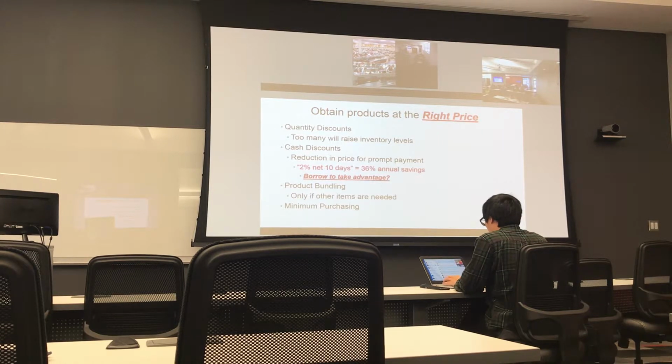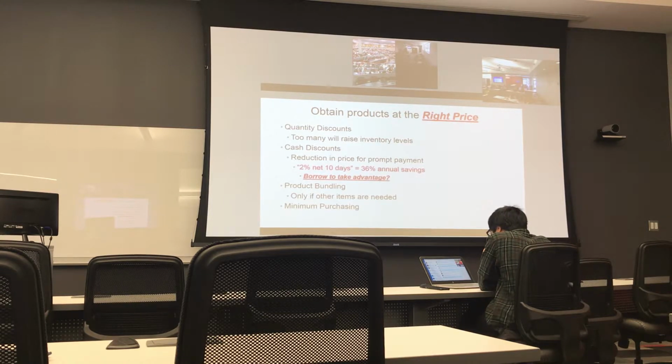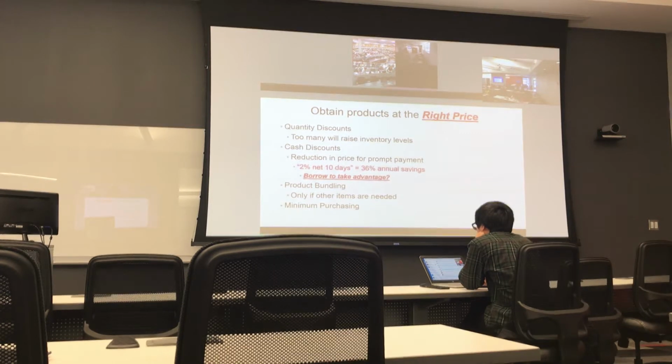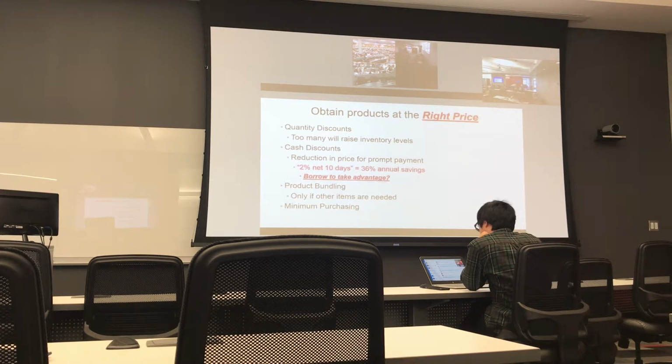From the vendor standpoint, they give you a reduction for paying on time. That's when we're talking about the cycle: you want to sell it and then bill it to the insurance company, get the money in so you can pay it to the vendor. Well, the vendor is doing the same thing, trying to run their company by buying inventory, selling the inventory to you, and then replacing it. So they offer price reductions, 2% net 10 days.